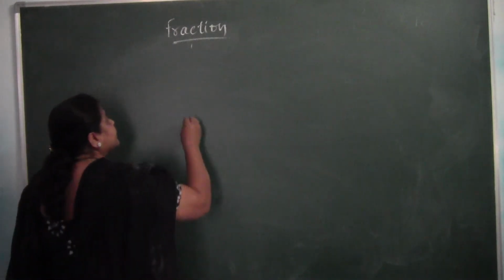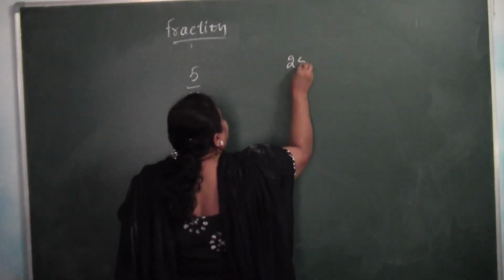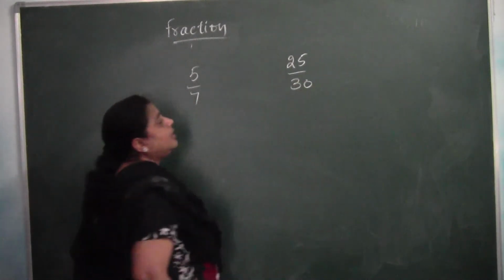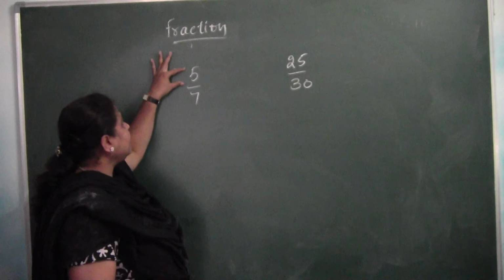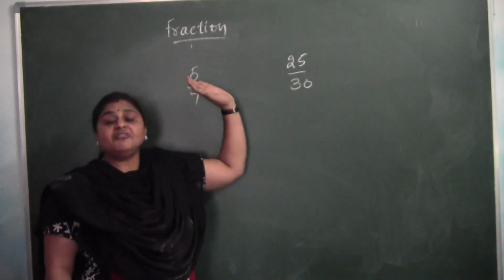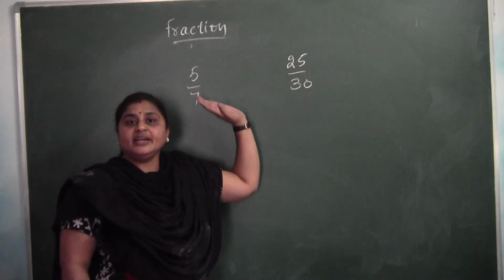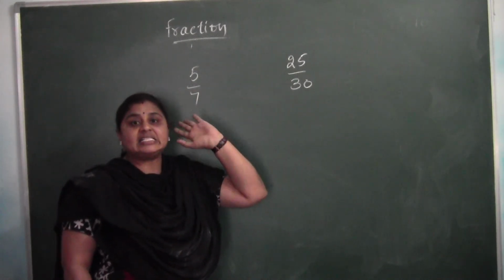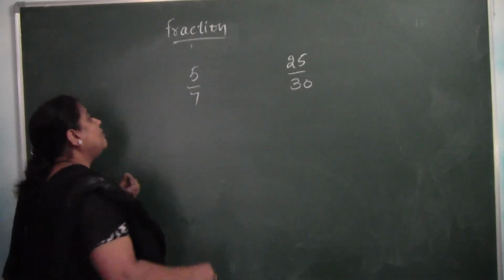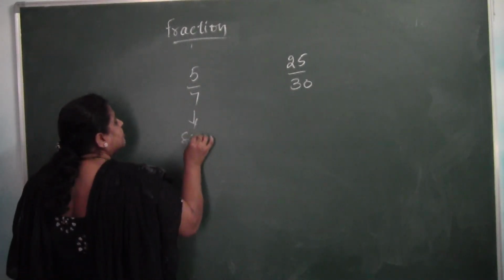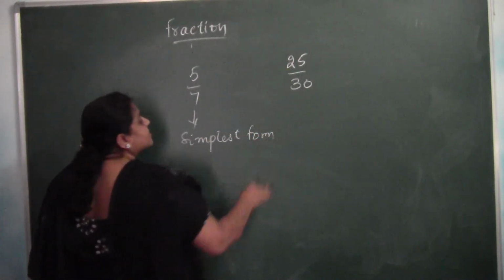Suppose I take two examples, 5 by 7 and 25 by 30. Do 5 and 7 have common factors, children? Will 5 and 7 come in any same table other than 1? No. So 5 by 7 is in simplest form.